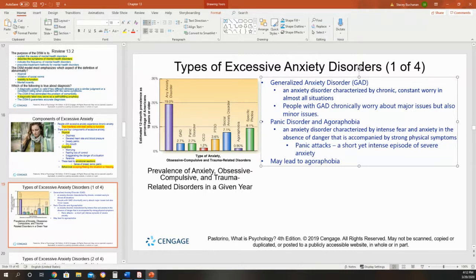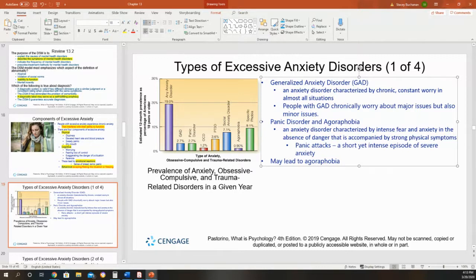So what about panic disorder? Panic disorder is marked by overwhelming attacks known as panic attacks. They're like dread and worry that are accompanied by physical symptoms. And what's kind of frightening about these panic attacks is they mirror the symptoms of a heart attack.